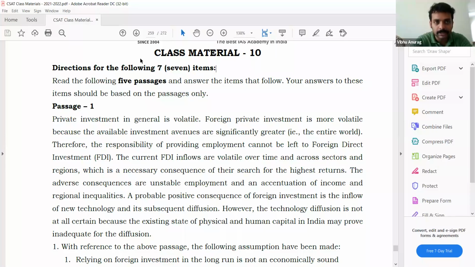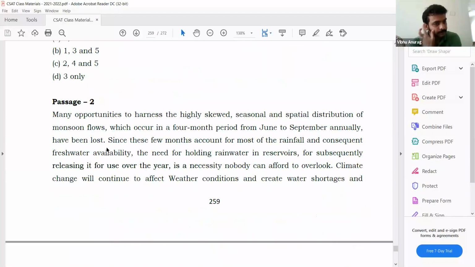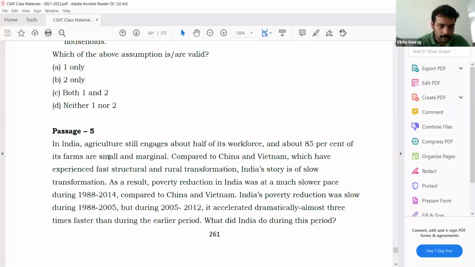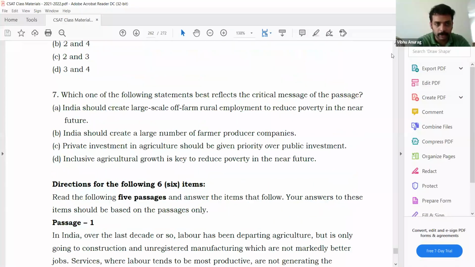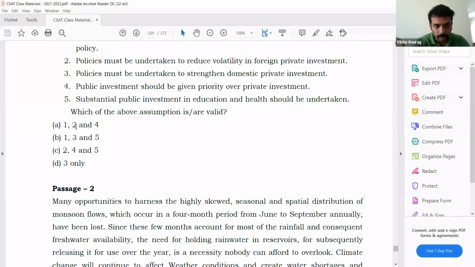So if you see the first set of 7 items, this is distributed across 5 passages. 7 questions distributed across 5 passages. We are going to do this first set.